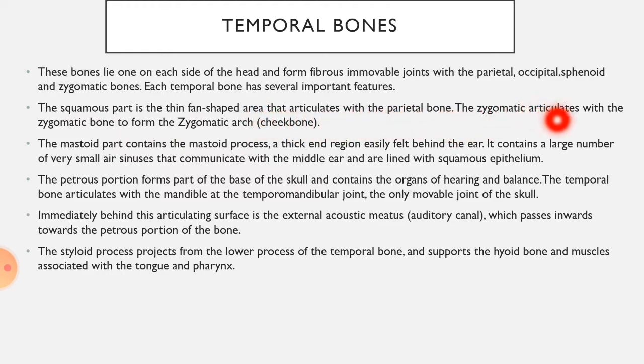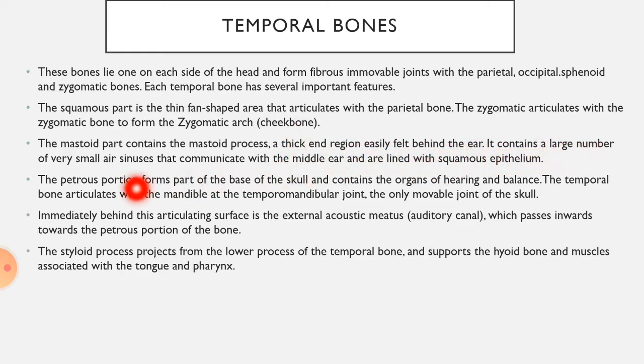The zygomatic process articulates with the zygomatic bone to form the zygomatic arch, which is the cheekbone. The mastoid part contains the mastoid process, a thick region easily felt behind the ear.